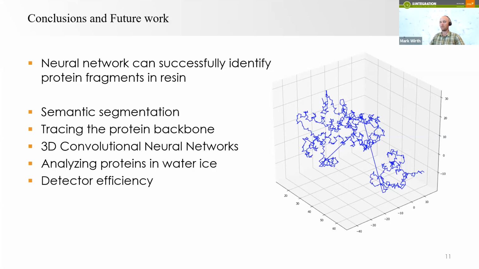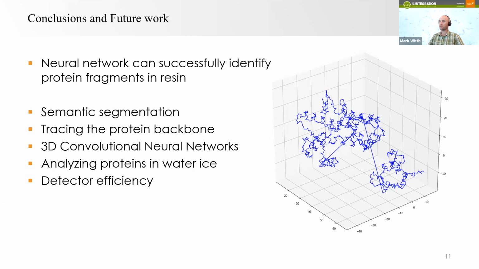If you look on the right, that image is some of our first attempts at trying to understand how to trace backbones. That is actually PDB data, but we use an algorithm in which you move through the protein trying to minimize the distance traveled. It's difficult to see specifically in this jagged data set, but we do see some actual structure there. So that's one of the ways that we can work towards this.